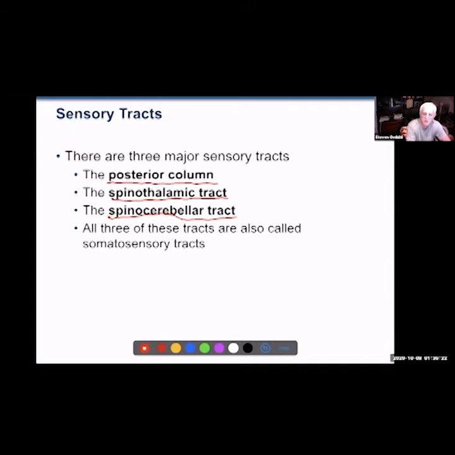The spinocerebellar tract starts in the spinal cord, ends up in the cerebellum. These are called somatosensory tracts. All of these are afferent tracts. They're all sensory information coming into the central nervous system.